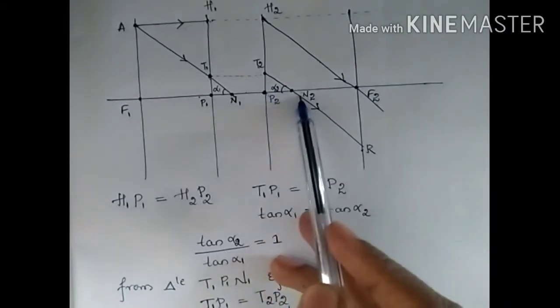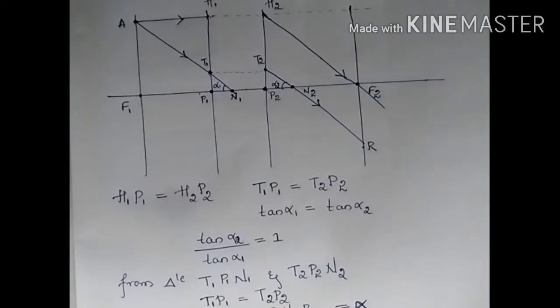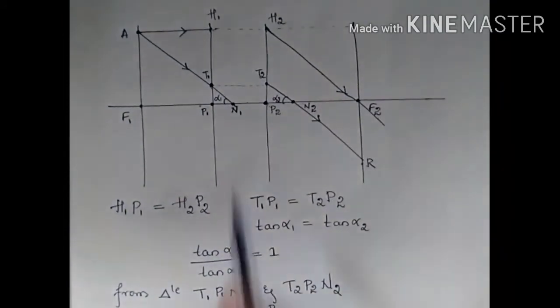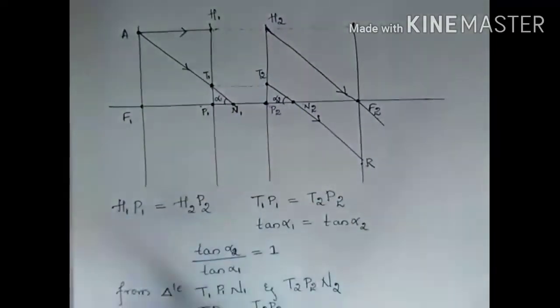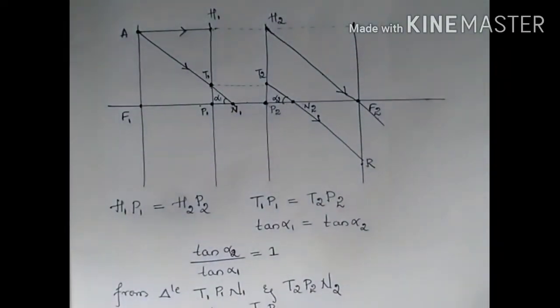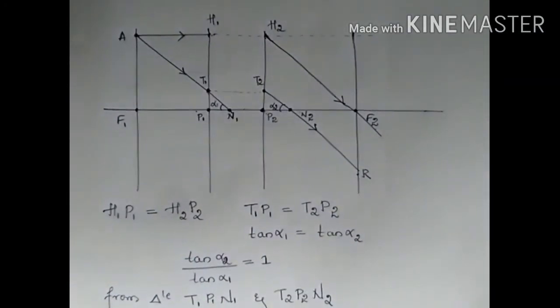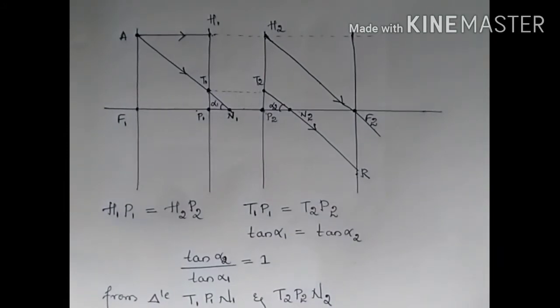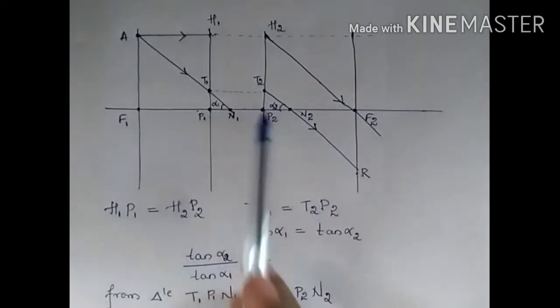So from the figure again, P1 P2 is equals to N1 N2. If you draw the diagram clearly then you can see P1 P2 is equals to N1 N2. So this is the important point. The distance between the nodal points N1 and N2 is equals to the distance between the two principal points P1 and P2.